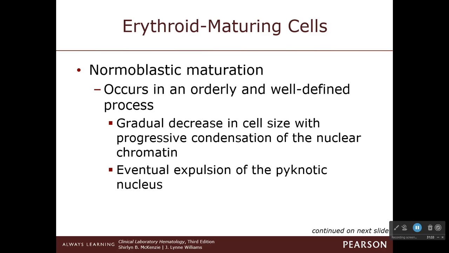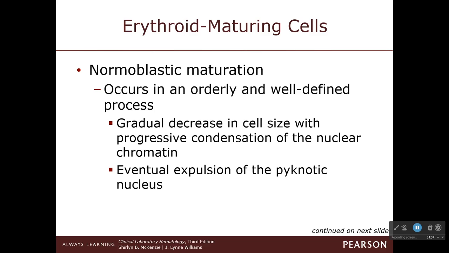So let's talk about normoblastic maturation. It occurs in an orderly, well-defined process. So here are the characteristics. You see a gradual decrease in cell size with progressive condensation of the nuclear chromatin. Essentially, when it's the rubriblast or the pronormoblast, it's a very lacy, smooth nucleus.